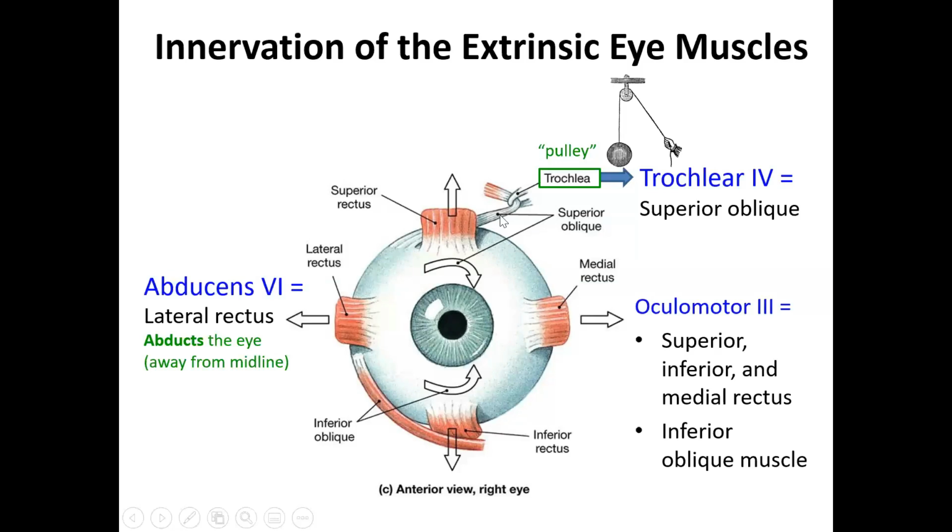So what that does is it helps rotate the eye medially, so down and medially. And because of that special little trochlea, that's where the name trochlear nerve comes from. So trochlear nerve, nerve number 4, is going to control just the superior oblique muscle.